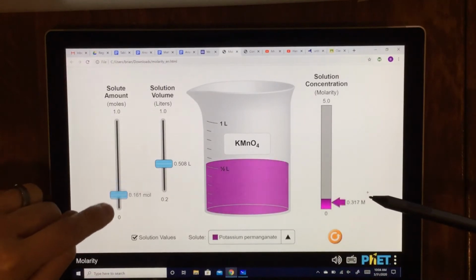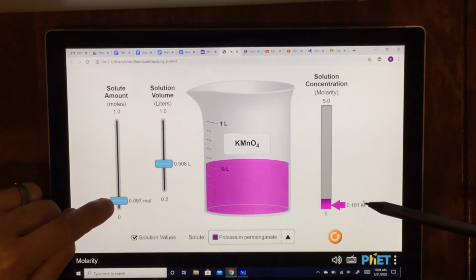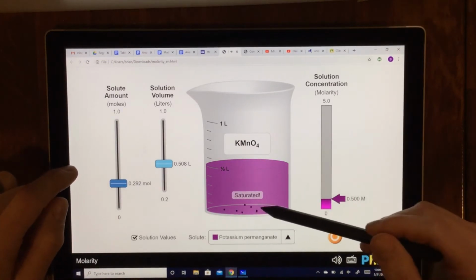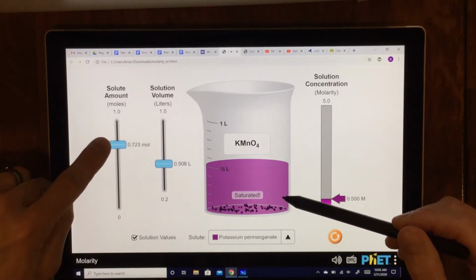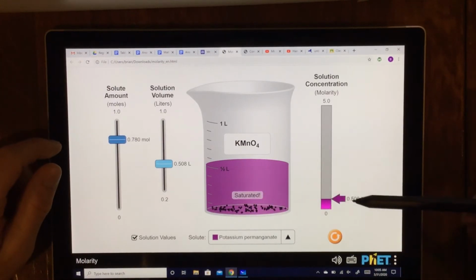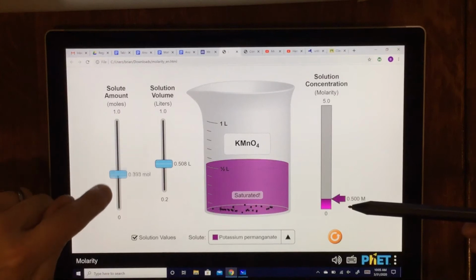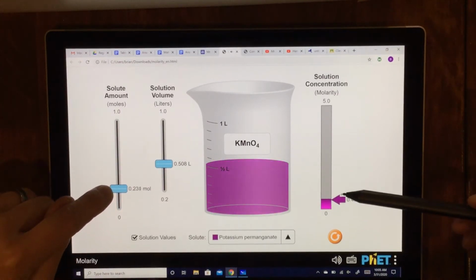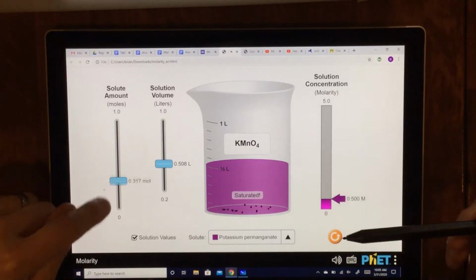Look at the concentration. It goes from 0 and starts to slowly go up. Eventually it reaches a point where it can't go up anymore because it's saturated, meaning no matter how much I add, it's just going to sink to the bottom. It can only hold so much, so that concentration is the max. But again, the concept I'm trying to show you is if I add more solute, the concentration goes up and there's more particles dissolved in here.